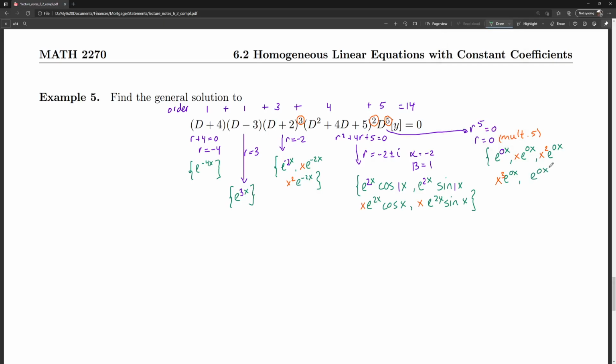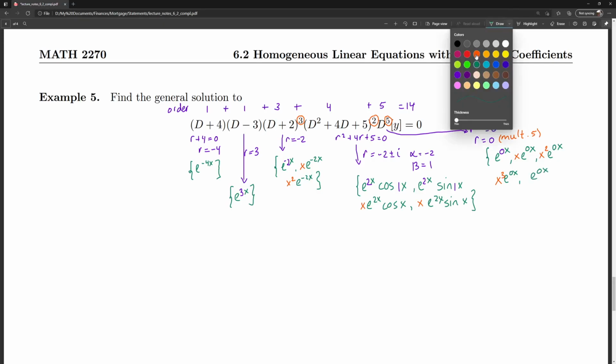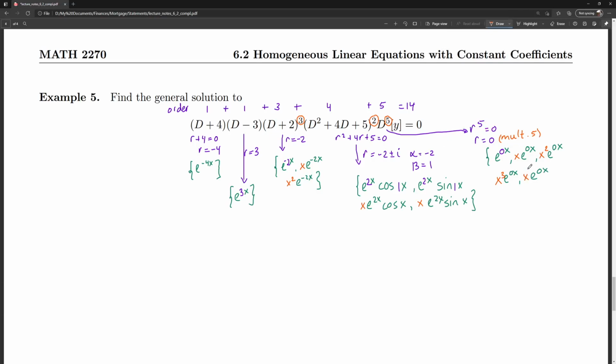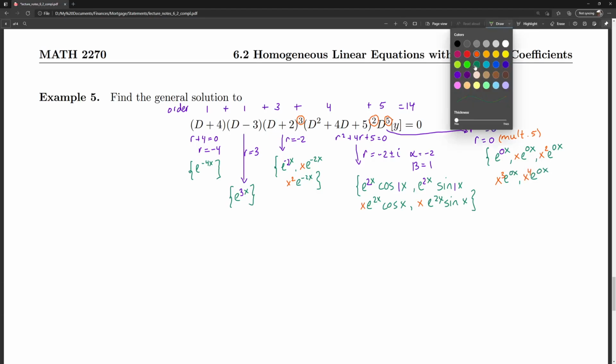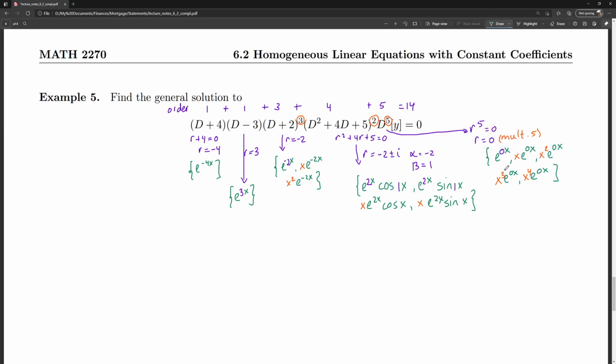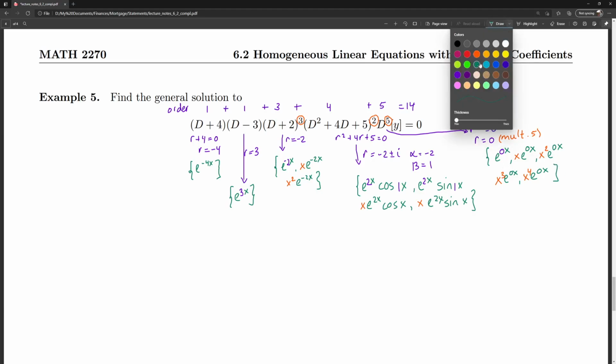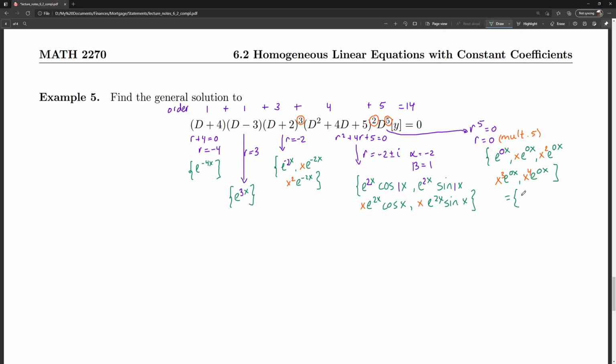And that means we end up with x^4 e^(0x). And again, all of these e^(0x) just becomes 1. So we can simplify that to 1, x, x squared, x cubed, and then x to the power 4.